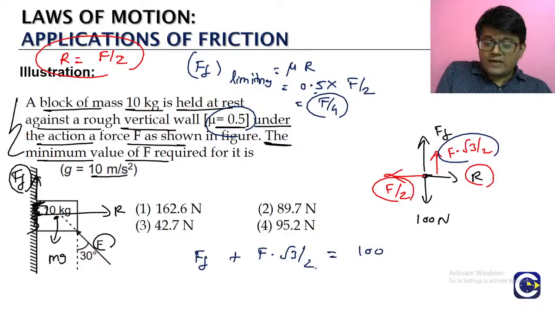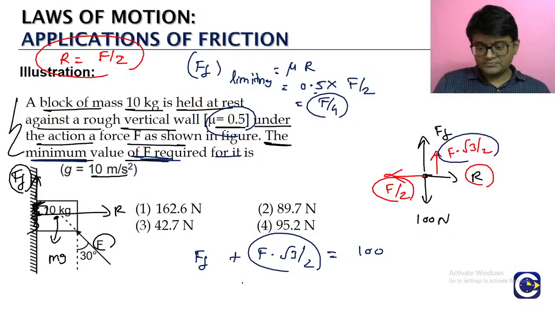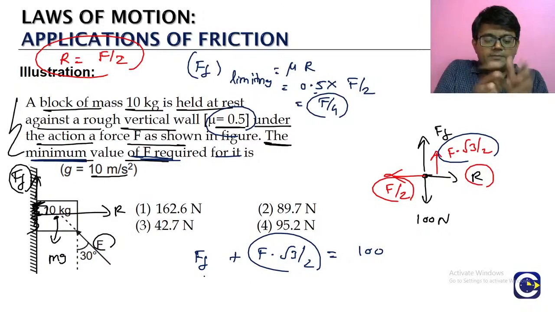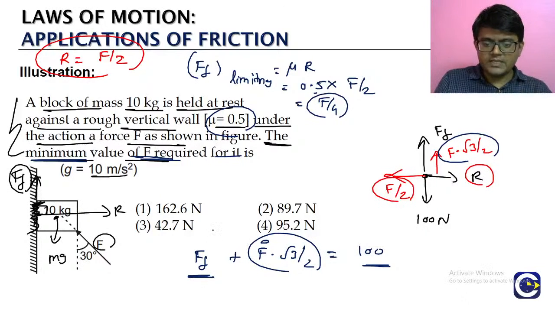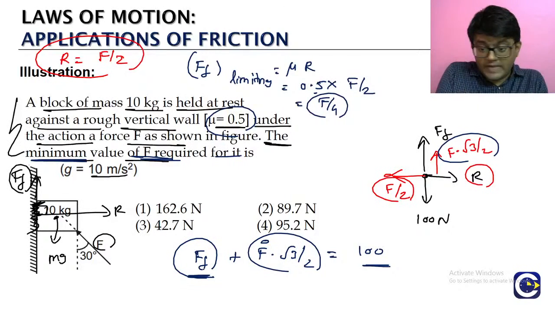Now from here, look at this. We want the case where the minimum value of F is required. We are adding frictional force to F into root 3 by 2, which is equal to 100. We are looking for this F value to be minimum. If the F that we require is minimum, then the frictional force should have the highest possible value.